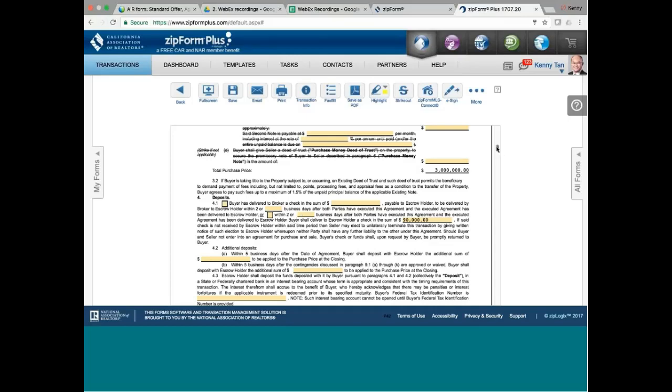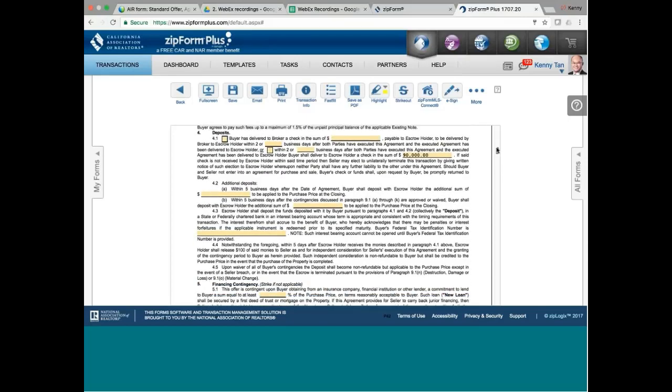Now there may be a situation where the seller is asking for additional deposit. Now it's actually more common in a commercial deal where the seller may say, okay, after a certain period, we want the buyer to deposit additional money. If this applies, you go ahead and fill out.